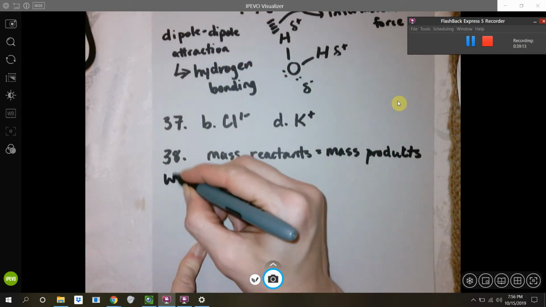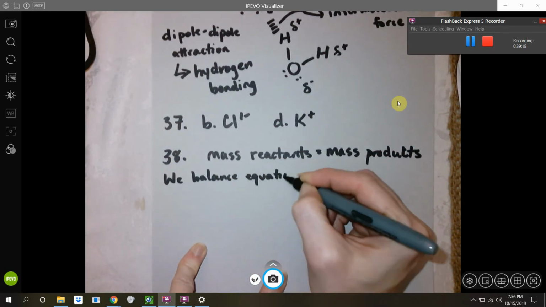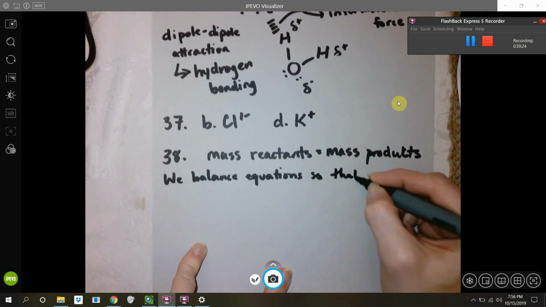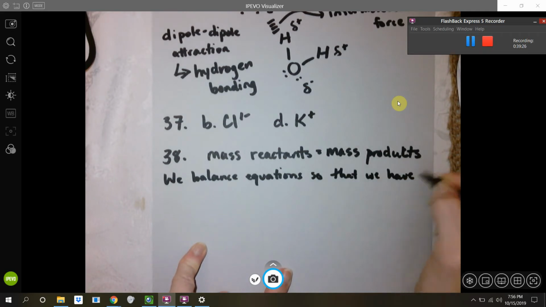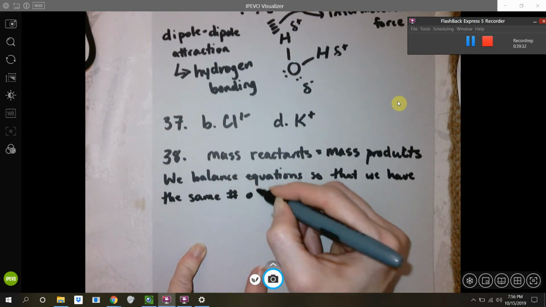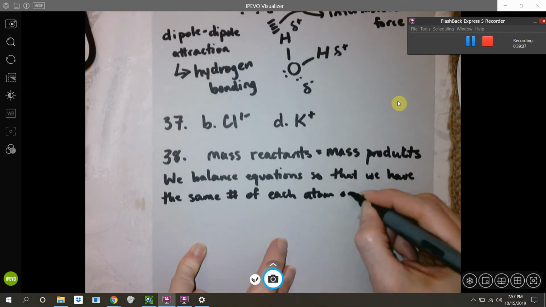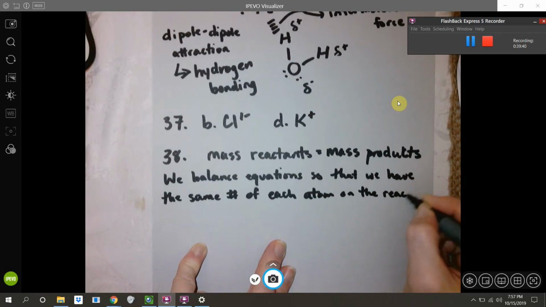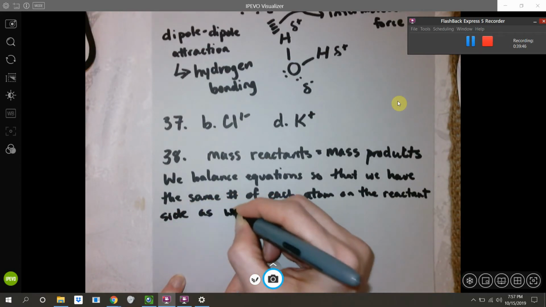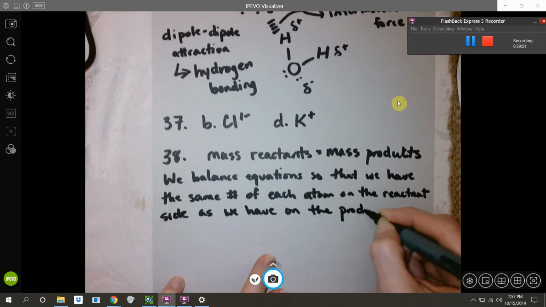So we balance equations so that we have the same number of each atom on the reactant side as we have on the product side.